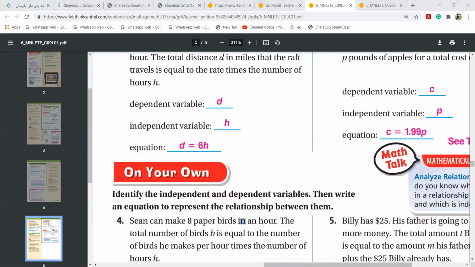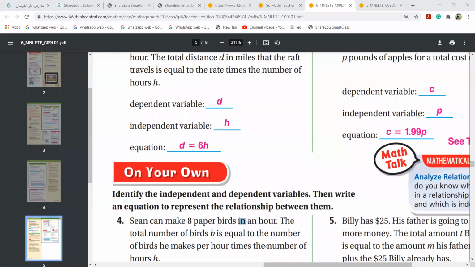Malak, come on, do question number 4 on your own. Do the 4th one. Loudly say and do it now.